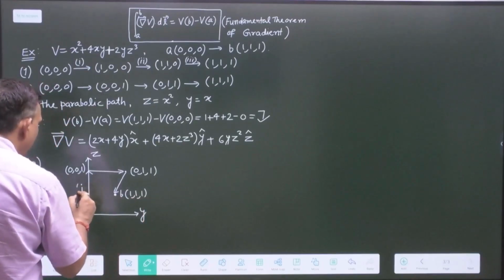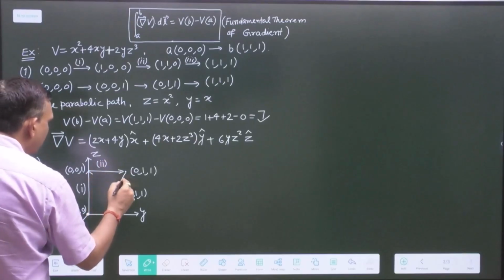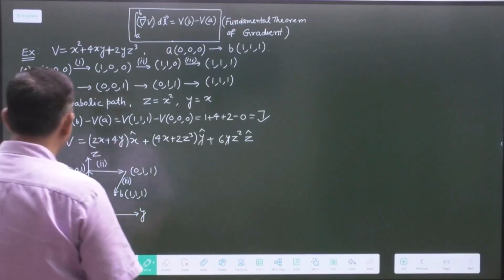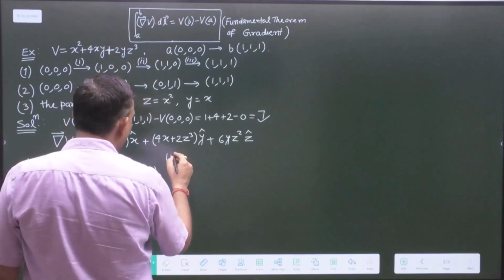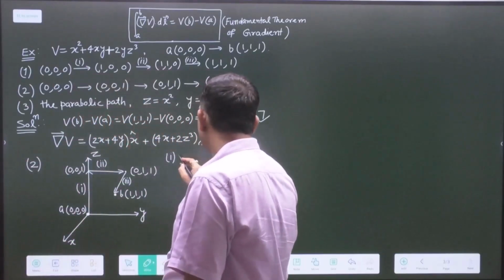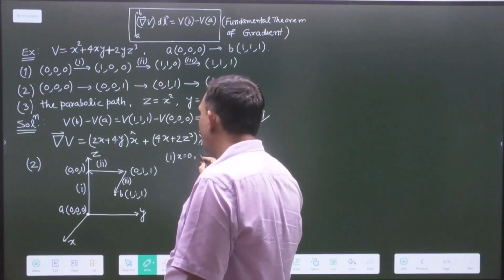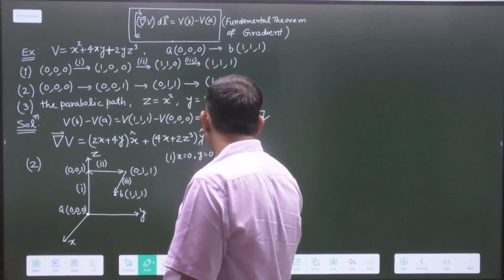So this is segment 1, segment 2, and this is segment 3. So again, segment 1: X is 0, Y is 0, and Z goes from 0 to 1.